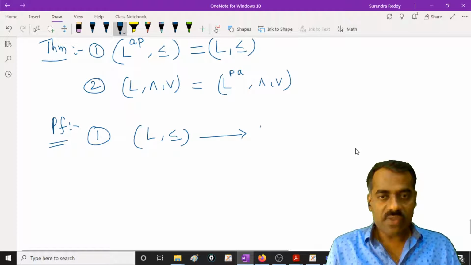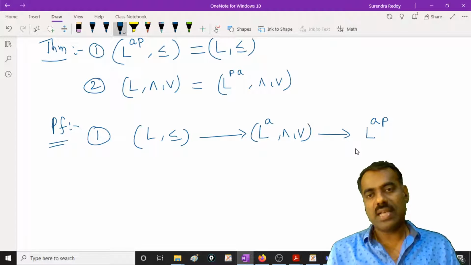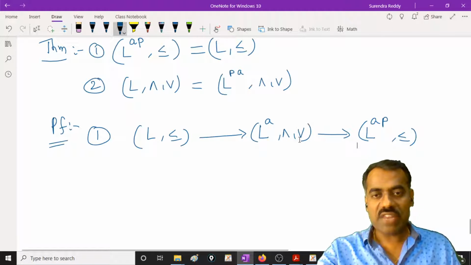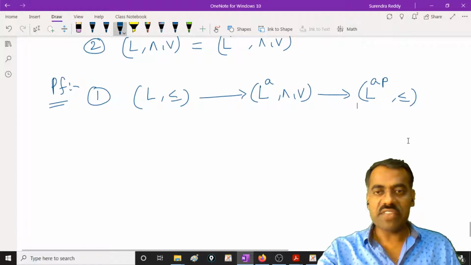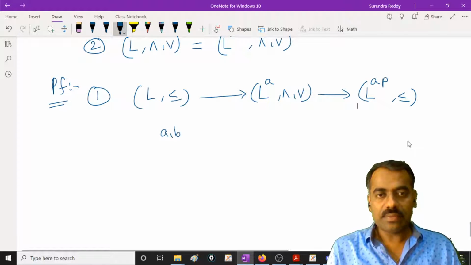So from this we get an algebra, right? From this again I get a lattice as a poset. So we should understand what the relation is here and how meet and join are defined. For any a, b here, suppose a is less than or equal to b.